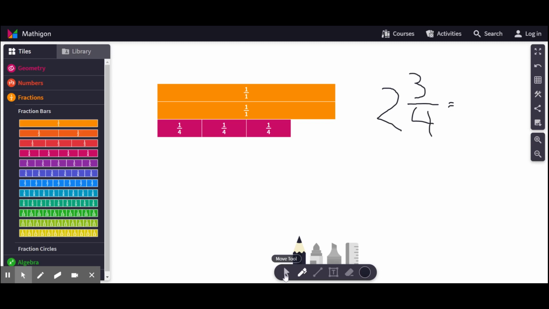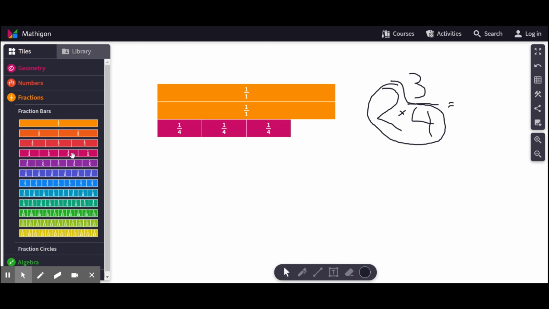I have 2 wholes, and I want to turn them into fourth pieces. If I turn each whole into 4 pieces, that's the same as multiplying 2 times 4. So how many fourth pieces are inside these 2 wholes?